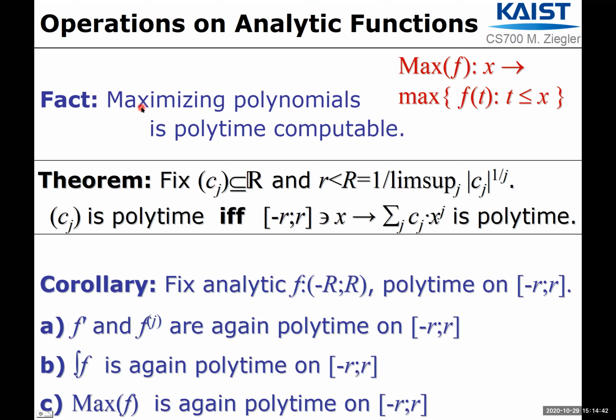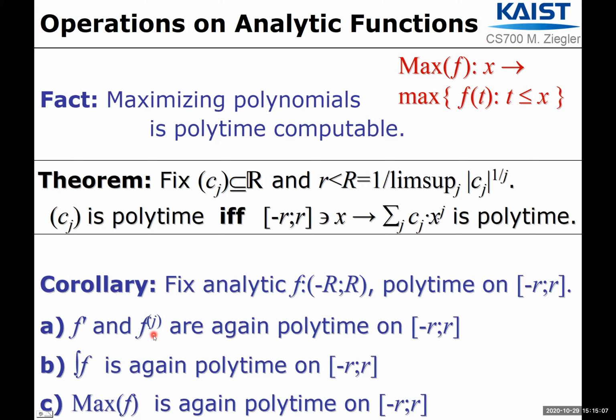Okay, so that's some interesting properties and facts to keep in mind, that analytic functions have these nice closure properties with respect to polynomial time computability. So first is the characterization, polynomial time computability of the analytic function in terms of polynomial time computability of the coefficient sequence, not strong polynomial time computability, but just polynomial time computability.